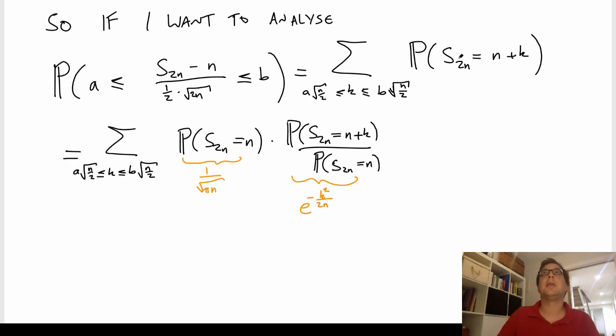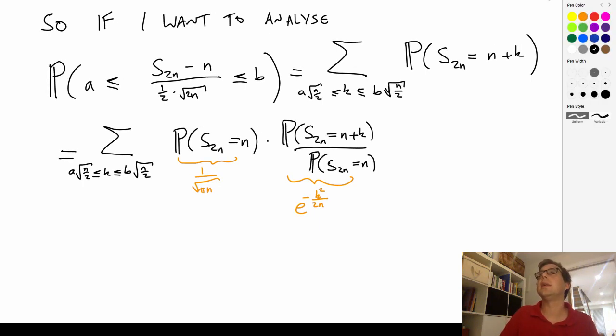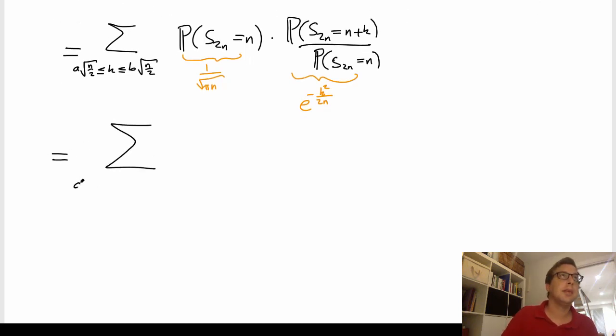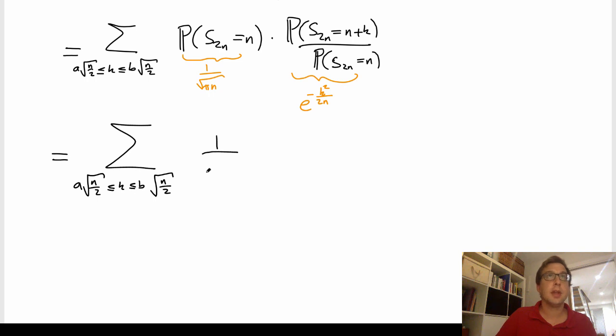So in other words, what we get is that this is this sum times 1 over square root of 2 pi.